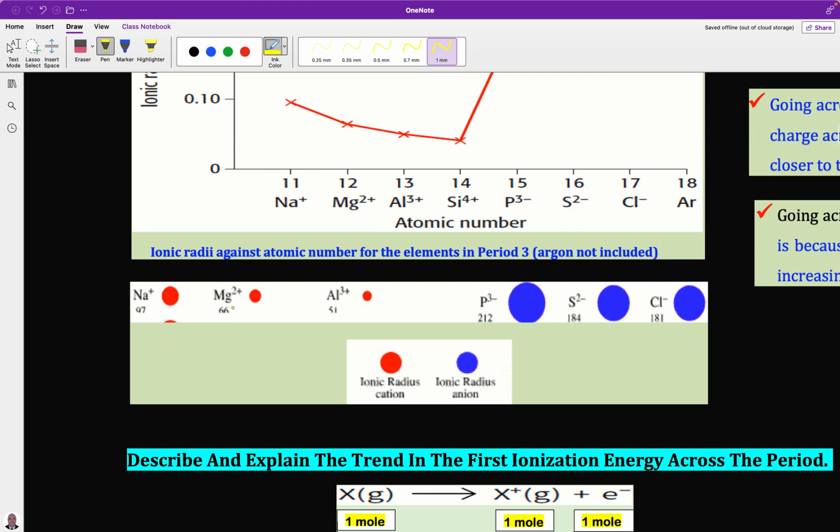Cations are smaller than the original atoms, but these ones here are larger than the original atoms. The anions are larger than their original atoms.